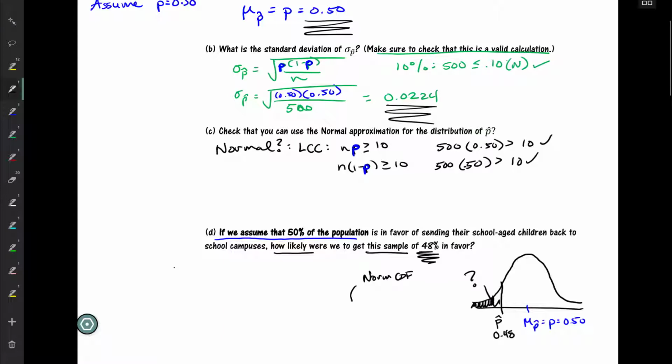We plug in our mean, our standard deviation, which we got from the previous part, 0.0224, and our lower bound goes from negative infinity all the way up to 0.48. I also want to write out what my standard deviation is over here for completeness' sake. Now let's go to a norm CDF calculator and plug in what we got.